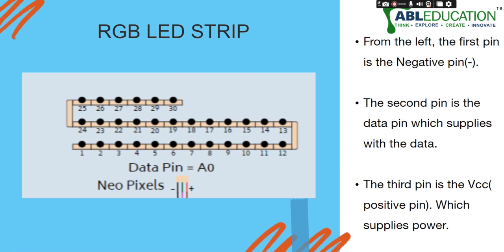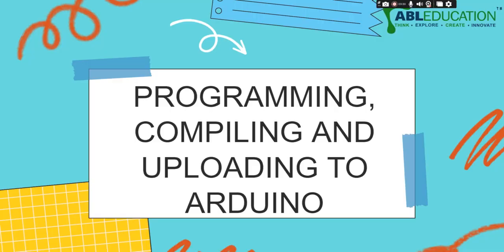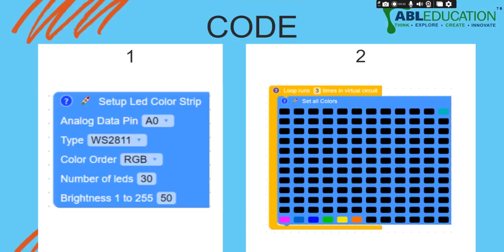So you can program it in the way you like. As I've already told you, negative pin, data pin and the VCC pin: ground, A0 or A1, whichever analog pin you want. Now this is the basic circuit diagram that we are going to use, and I've already explained the circuit diagram. Okay, and now we have programming.